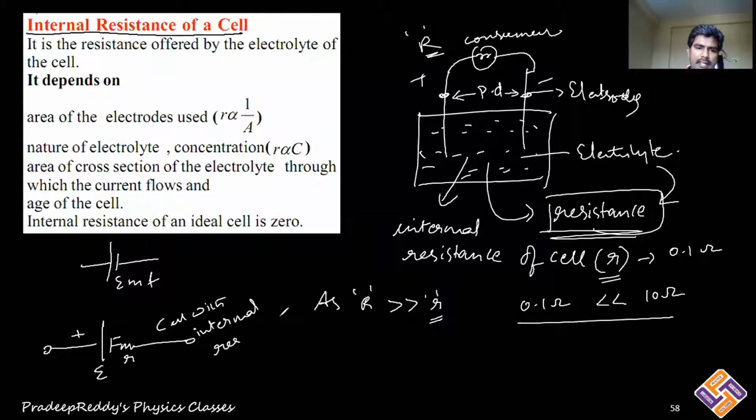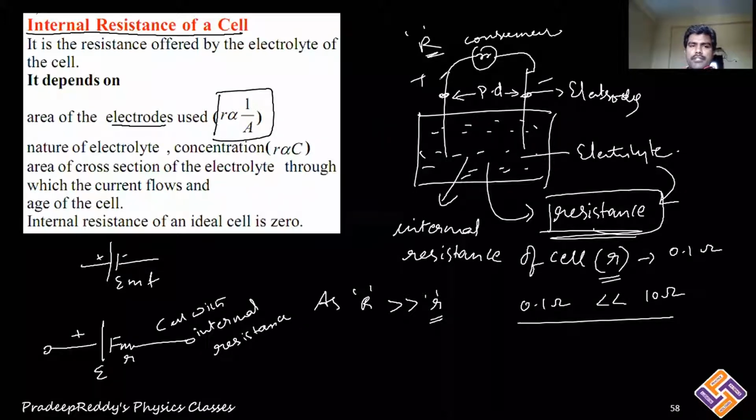A cell with an internal resistance is denoted with an immediate resistor of small r value in the circuit. Without any internal resistance, we will just denote one positive terminal and one negative terminal for that particular cell. Remember, internal resistance is inversely proportional to the area of cross section of the electrodes.